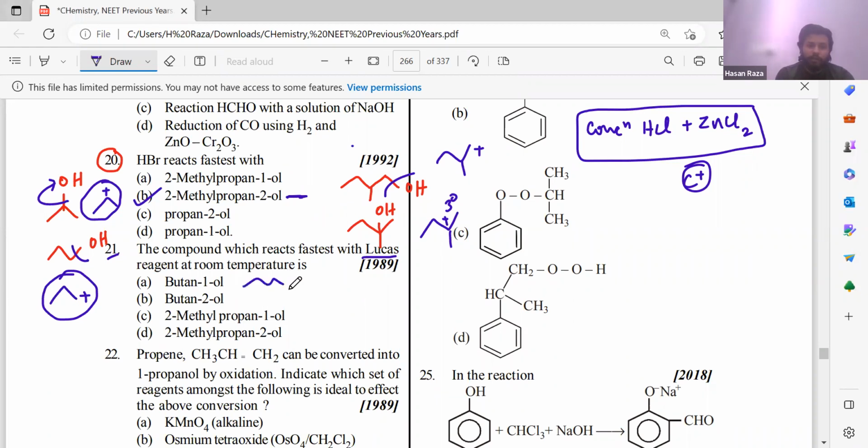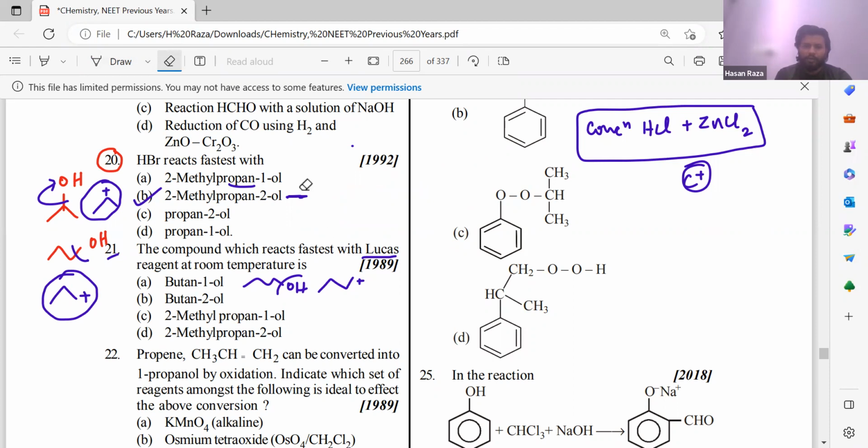This is your butan-1-ol. If you remove this, there will be formation of 1 degree carbocation. By the way, I just wrote it wrong, but the concept is right. I took butanol, but here it is propanol. So the structure is wrong, but the concept is right. 2-methyl propanol will have this structure, and this will have this structure.